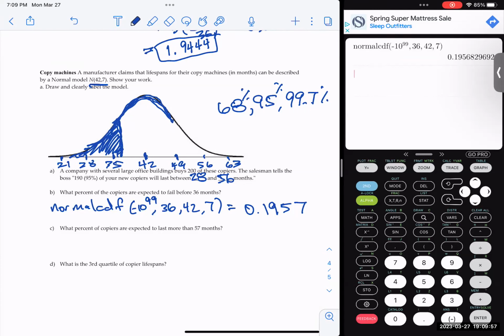Okay, if you have any calculator issue right now while everybody's trying to draw, raise your hand. That's true for online too.